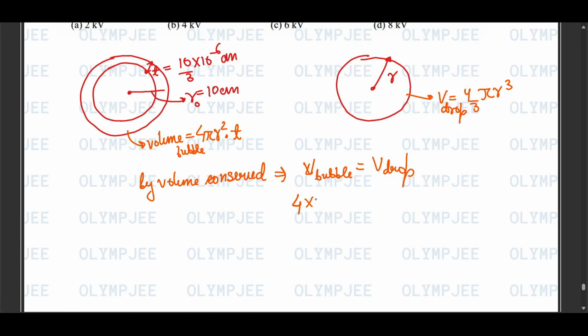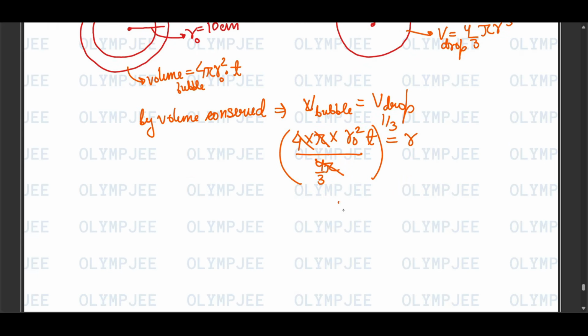So 4 multiplied by pi multiplied by r naught square. This was r naught. That's the new radius.